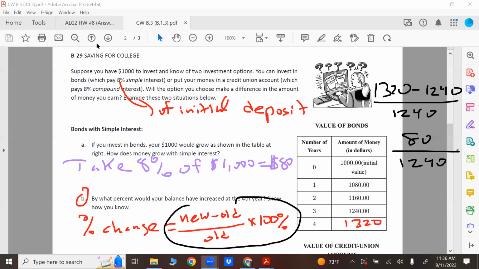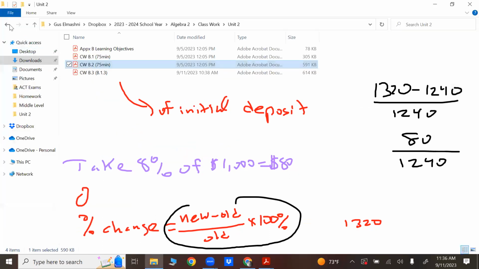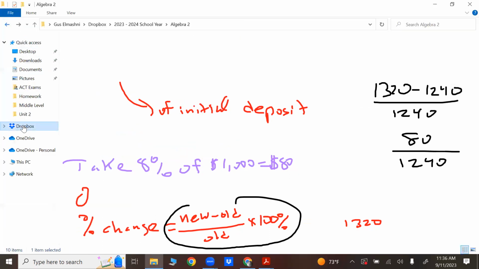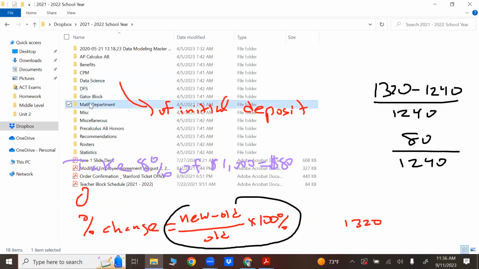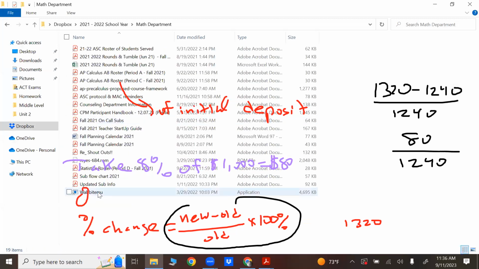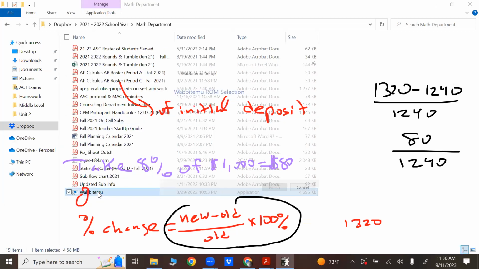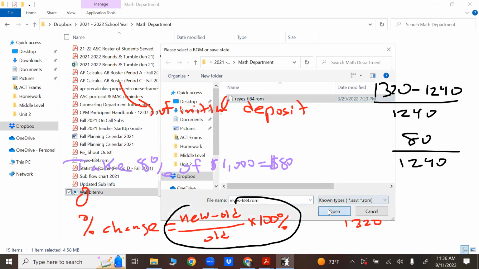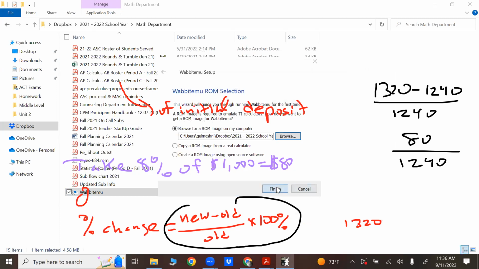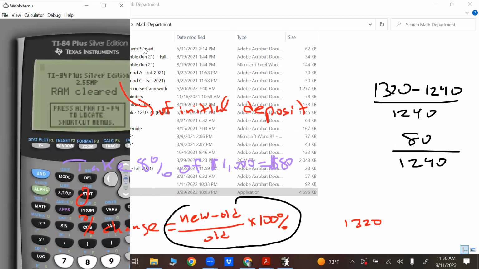And when I calculate that, let me get an online calculator here.